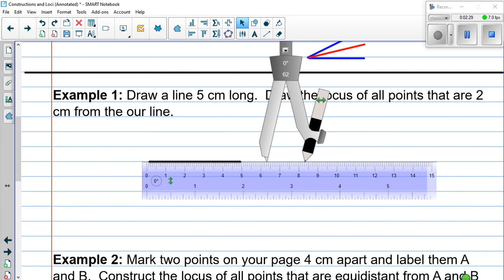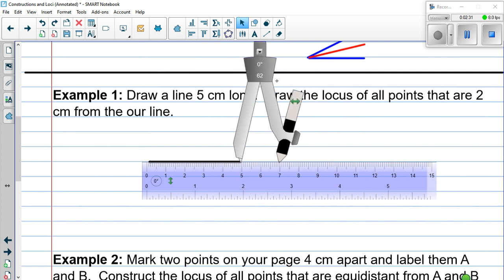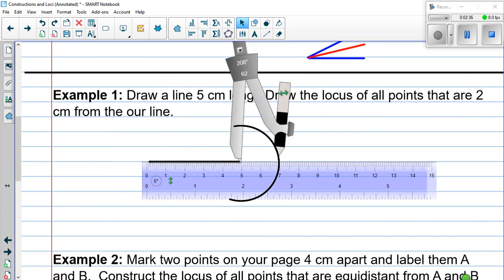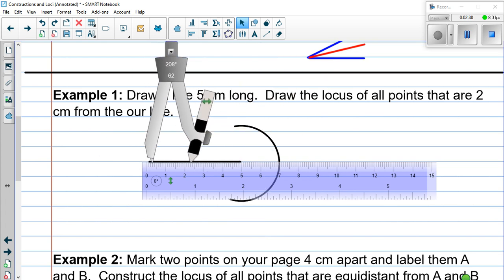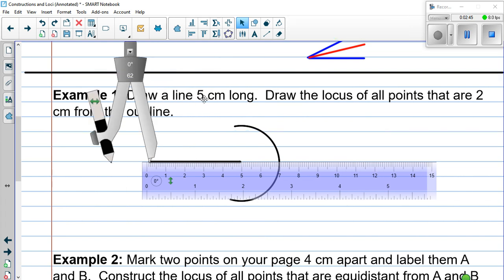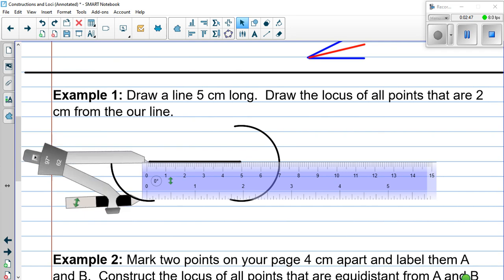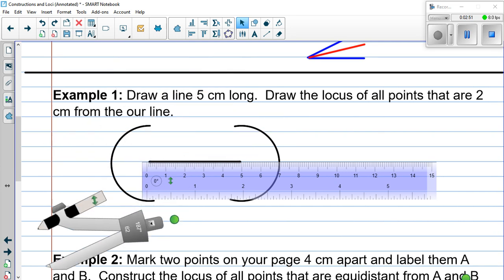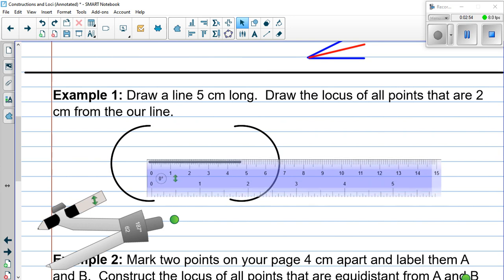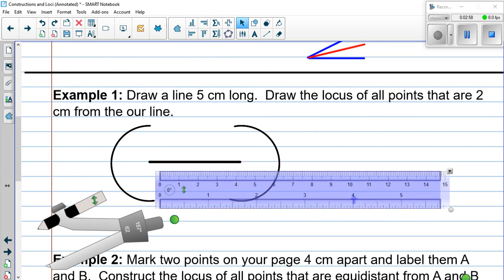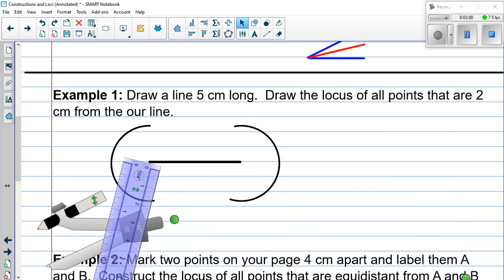Okay. So what I'm going to do here is put it on the tip here, and I'm going to draw just around like that. And similarly from the other side, flip it around and try and draw this almost a semicircle around here. Now we want to indicate where 2 centimeters is roughly with our ruler.